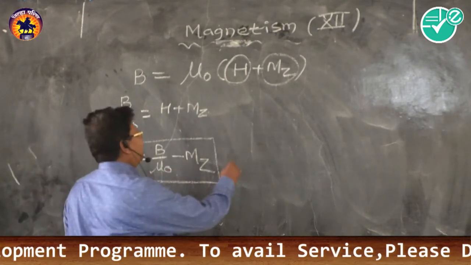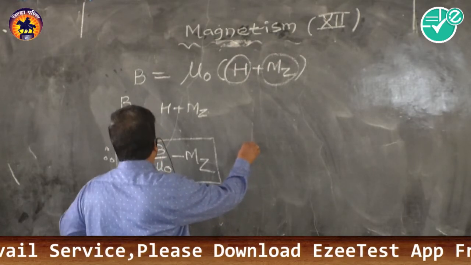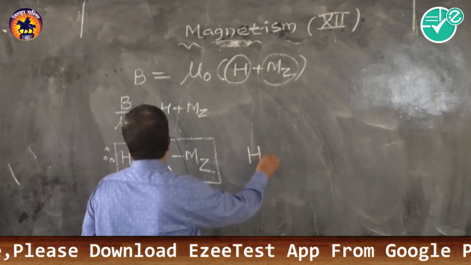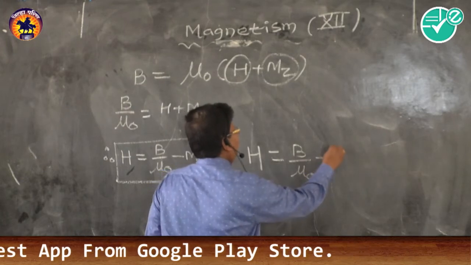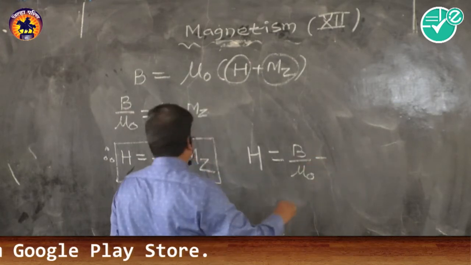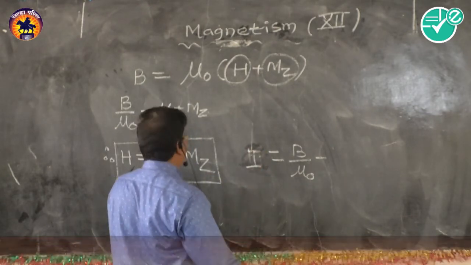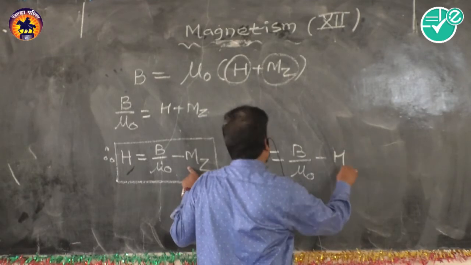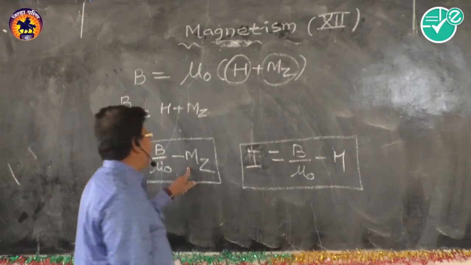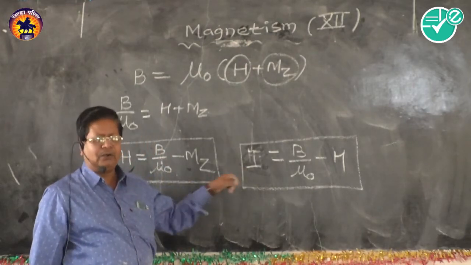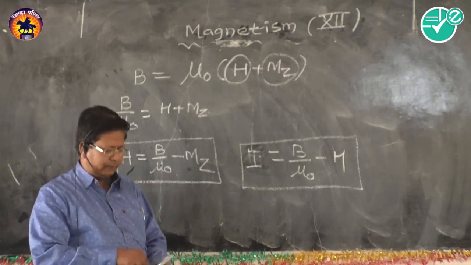And in the same manner, we write another formula, I is equal to B divided by mu 0 minus H. So this is another formula for I, or Mz, that is magnetization or intensity of magnetization.